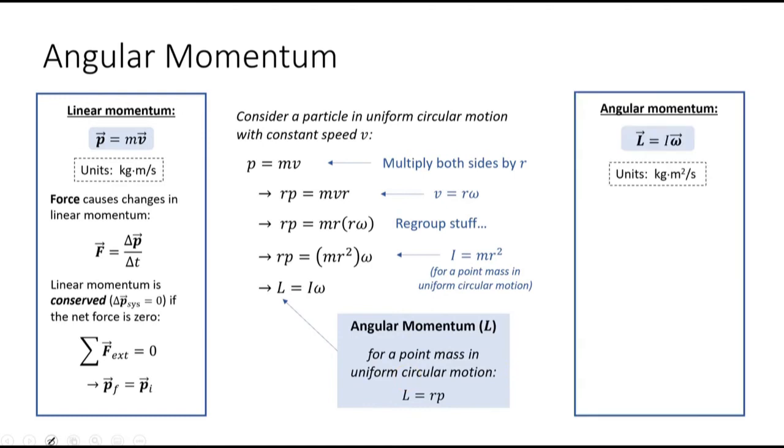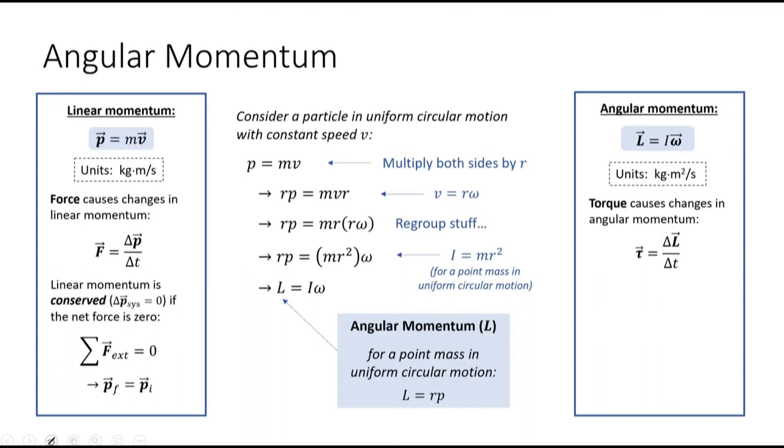Okay, so now we have this new term here, angular momentum. L is equal to I times omega, and it will have units of kilograms meters squared per second. So the kilogram meters squared comes from the moment of inertia, and then radians per second is the SI unit for omega, right? That angular speed. So we end up with units of kilograms meters squared per second.